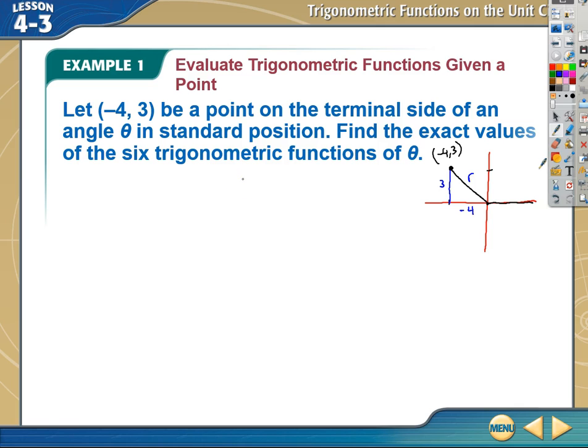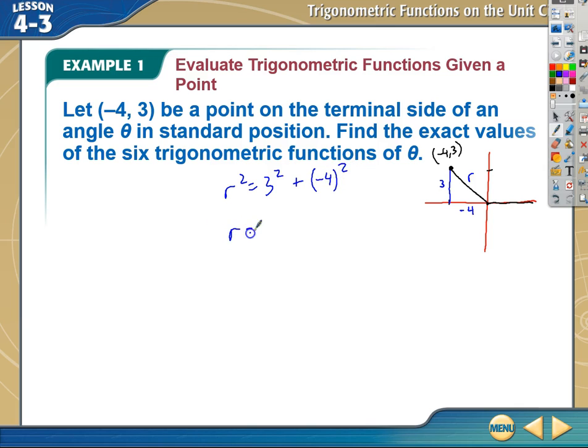And I find out what r is going to equal. r is equal to, hey, Pythagorean theorem. a squared plus b squared is equal to c squared, right? So r squared is equal to 3 squared plus negative 4 squared.